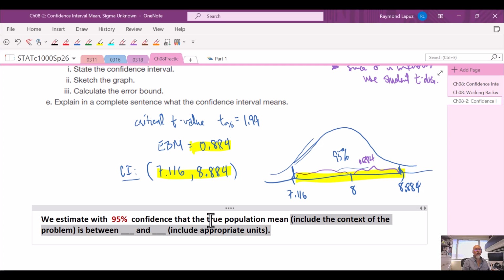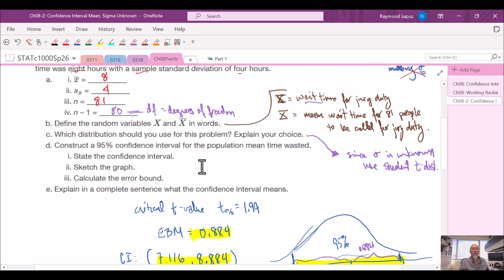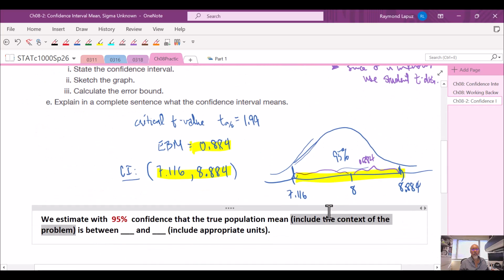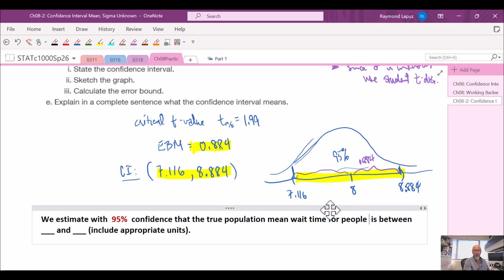And here we have to include what it is we're talking about. So if we want to remind ourselves, the mean wait time for people to be called for jury duty. So the mean wait time for people called for jury duty.